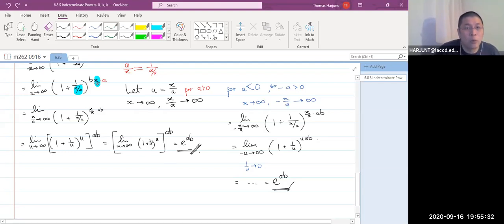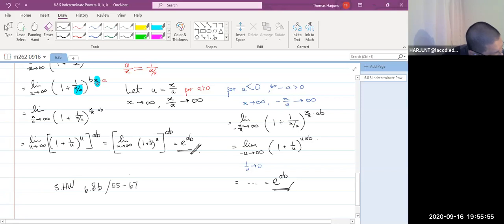Now the suggested homework from section 6.8b will be from number 55 to 67. What else?